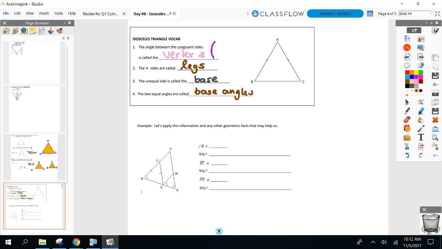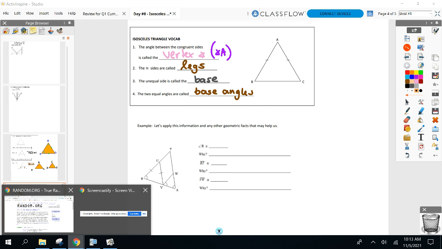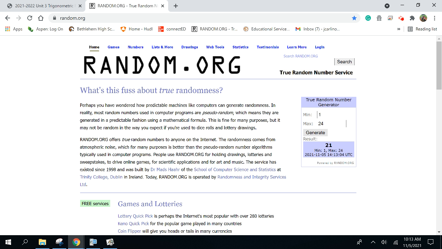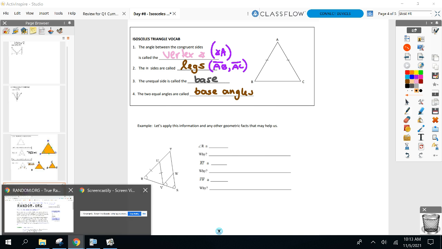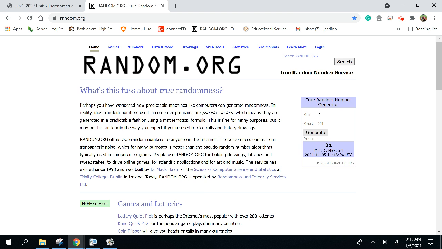So the vertex angle is angle A. Name the two legs in the diagram. Name the two legs. Now that you know what a leg is. AB and AC. Good. The two congruent sides. Actually, I should just put AB and AC. What is the base in this diagram?